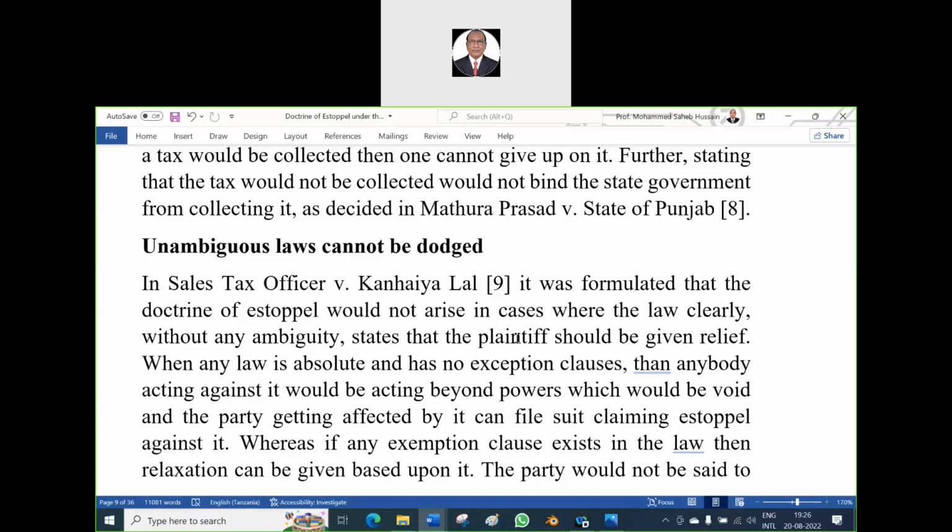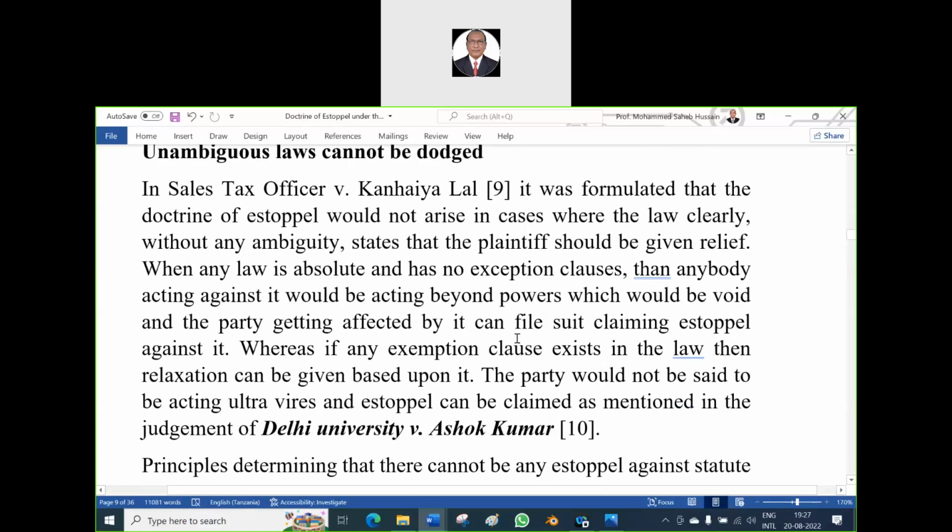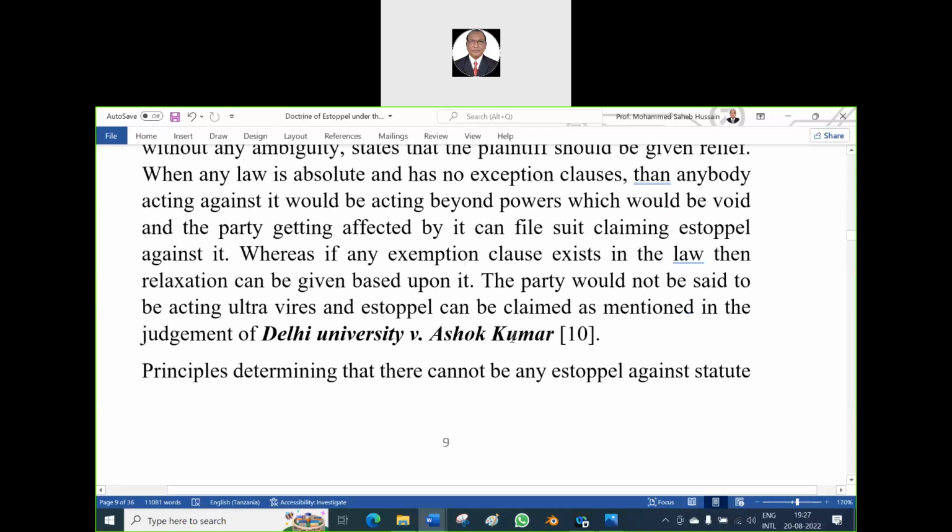When any law is absolute and has no exception clauses, then anybody acting against it would be acting beyond their powers, would be void, and the party affected by it can file a suit claiming estoppel. Whereas, if any exemption clause exists in the law, then a relaxation can be given based upon it. The party would not be said to be acting ultra vires, and estoppel can be claimed, as mentioned in the judgment Delhi University versus Ashok Kumar. So, when the law is very clear and there is no ambiguity, at that time he would be taxed.